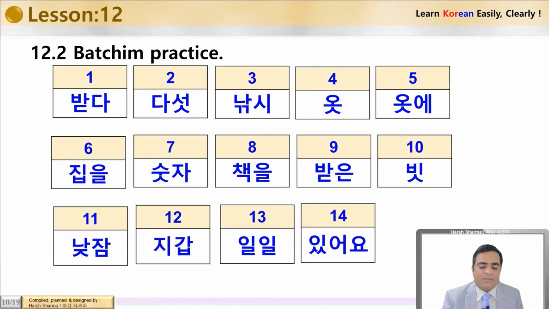There are three possibilities. First possibility, there is nothing after the Batchim. Second possibility, there is a consonant starting syllable. And third one is, the next syllable is starting with a vowel. Check them one by one carefully and pronounce them with these three possibilities. Yes, I'm waiting here for 5 minutes.